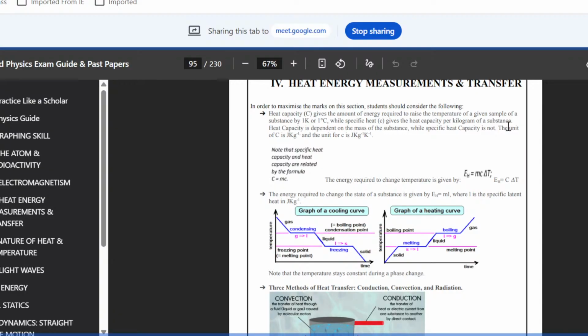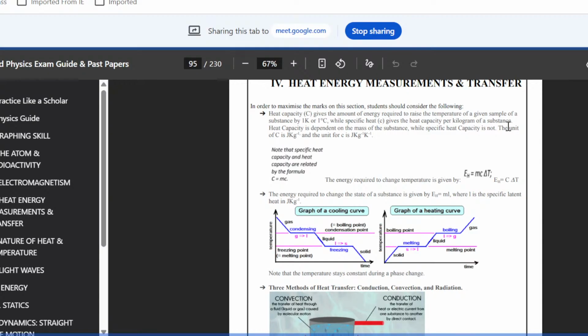Sometimes they give you thermal energy questions, or heat transfer questions, that involve both the energy associated with change in state and the energy associated with change in temperature. So you have to make sure you're reading the question properly, because sometimes you have to add both to get an answer.